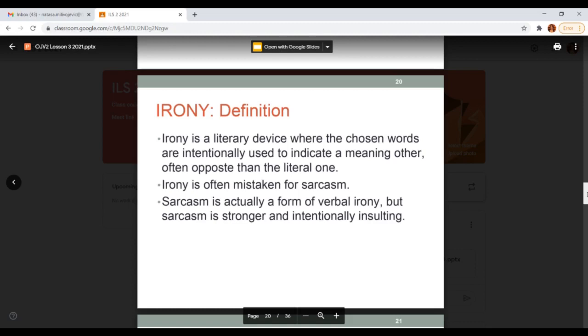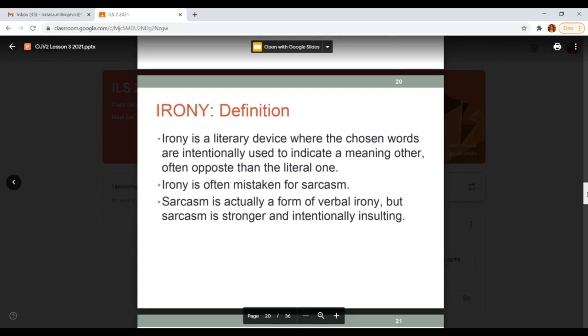It is also frequently mistaken for sarcasm, which is connected to it. As a technique, also as a literary figure, it's very similar to irony, but it's usually stronger and more vile, more hurtful, more explicit.